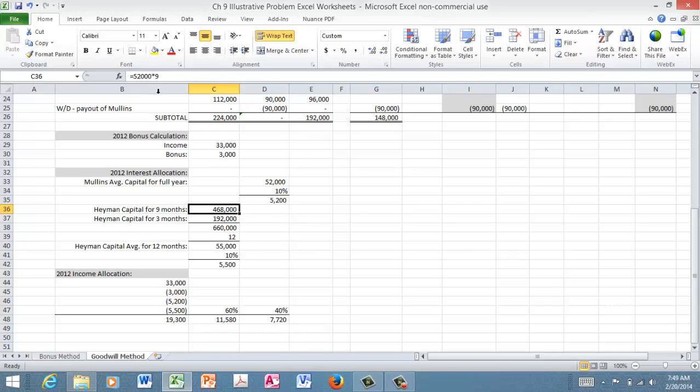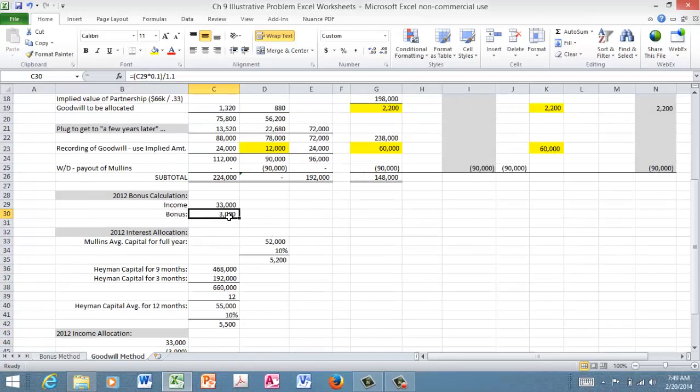Heyman, you can see the mathematics going on here, $52,000 for 9 months and $64,000 for 3 months, and we get a weighted average of $55,000, and therefore a $5,500 interest allocation. These two amounts, the $5,200 and the $5,500, you can see down here as I allocate the income of the partnership. And we also had the $3,000 bonus calculation.